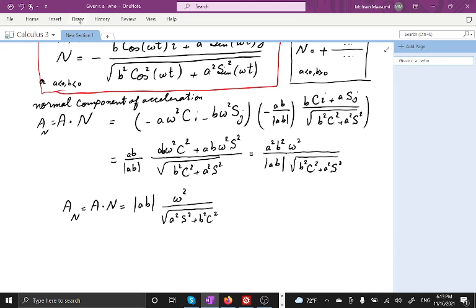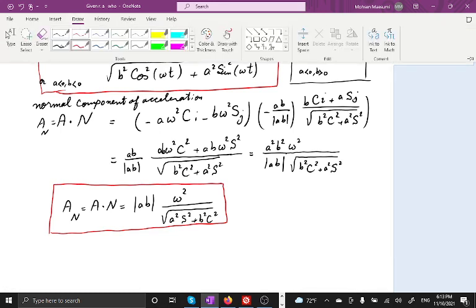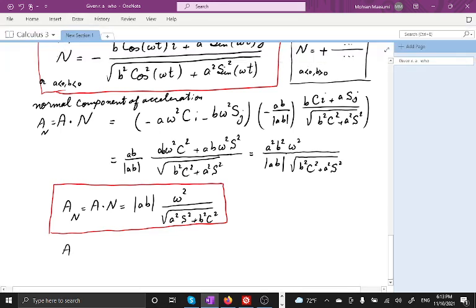So we got one more thing. You're wondering when is this thing going to end. Pretty soon. So one more thing, let's do that too. Tangential component of acceleration sometimes comes in problems. A dot t.